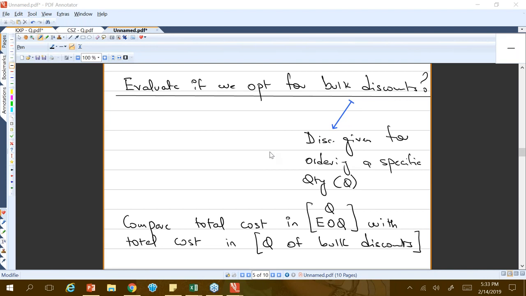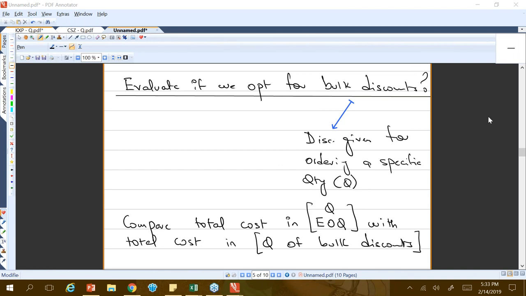The question here is, can you scroll down to the EOQ formula? Yes, I can. And what is optimal EOQ? Okay, let's see this.